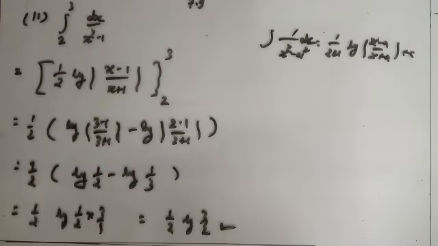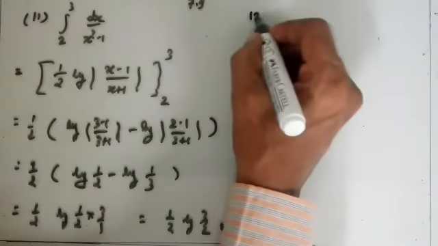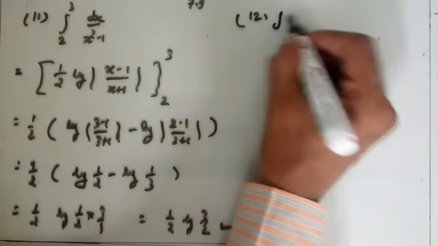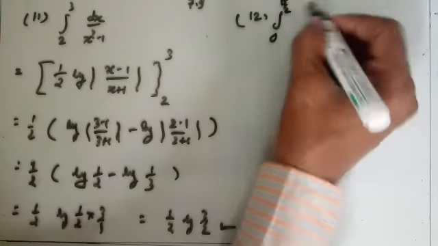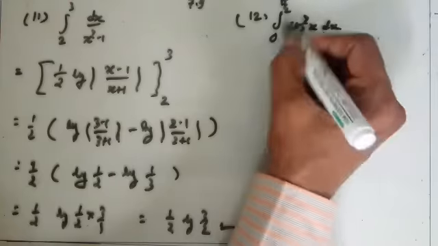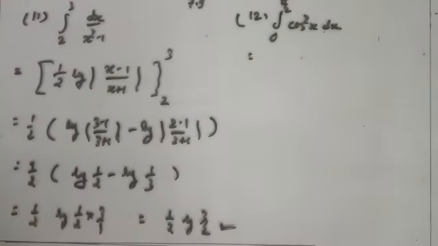Now next question, question number 12. Find the integration of cos square x dx, limit 0 to pi by 2, given. We know that there is no direct formula for cos square x.